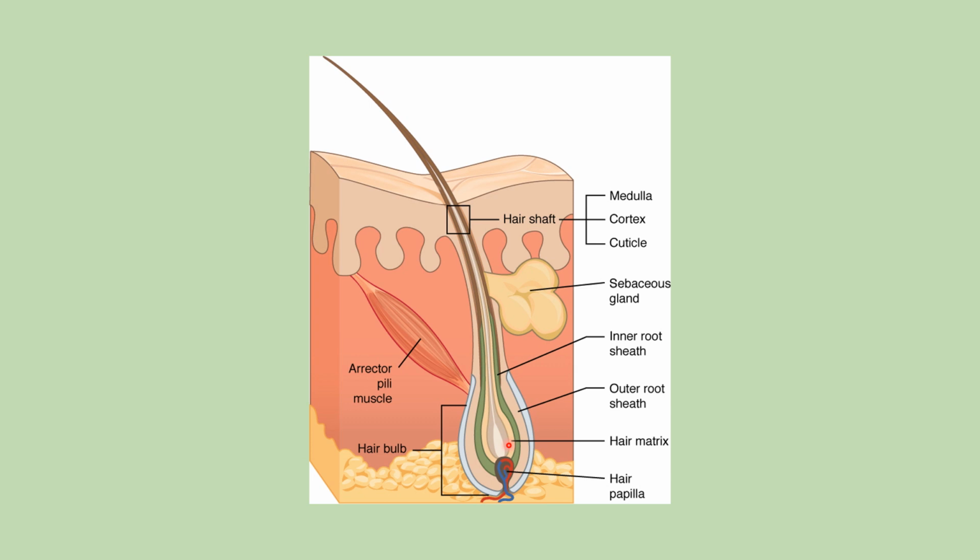The hair matrix is where the cells are actively dividing. So they need nutrients from the blood. They need oxygen from the blood. So that's why you have this good supply right here. The bulb is around protecting all this because these cells are actively growing and they're pushing the cells up. And then by the time they get up here, those cells are dead.